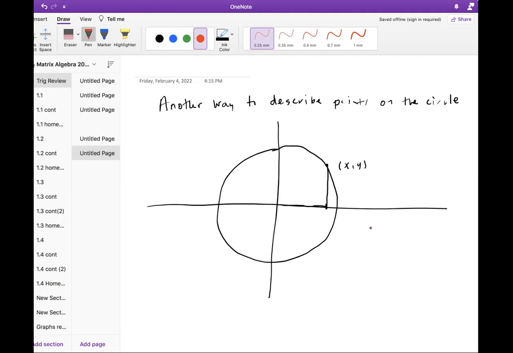If you draw a ray, remember a ray is like a half open line, starting at the origin, at some angle from the x-axis.